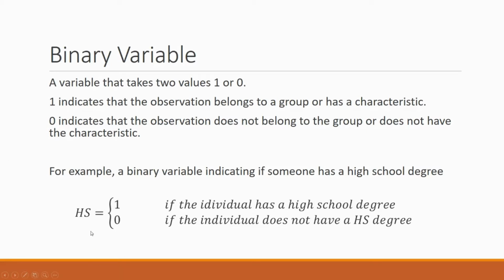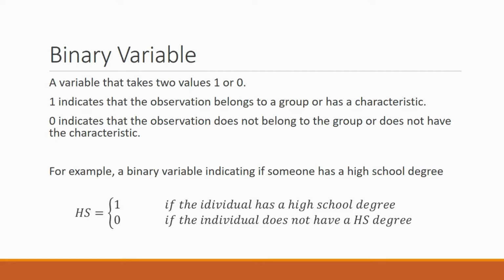Usually when we name a binary variable, we name it by whatever the 1 would indicate. So if 1 is supposed to indicate that they have a high school degree, then we give it a name like high school or high school degree. And then it's kind of intuitive. If a variable is called high school degree, then I would immediately assume that 1 means they have a high school degree and 0 means they don't.